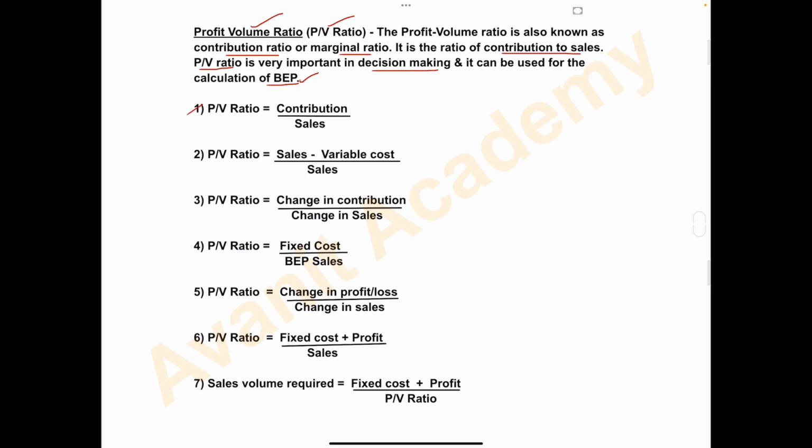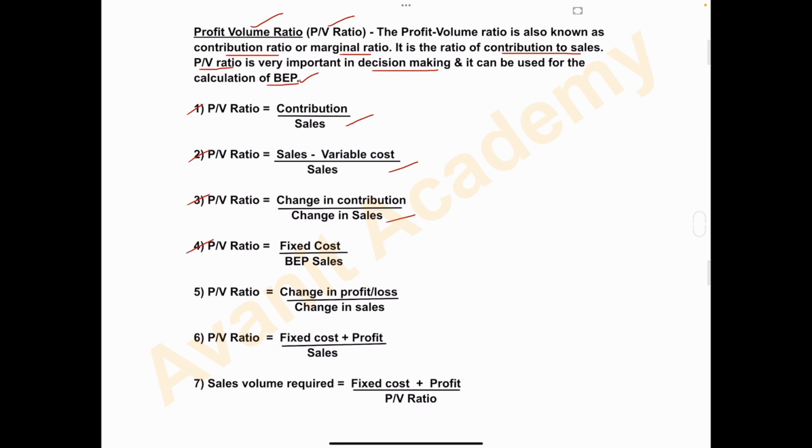Number one, PV ratio is equal to contribution divided by sales. Number two, PV ratio is equal to sales minus variable cost divided by sales. Third, PV ratio is equal to change in contribution divided by change in sales.